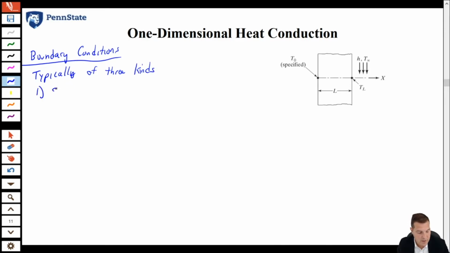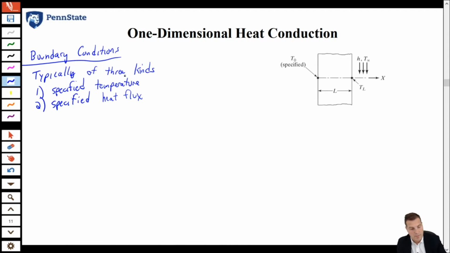One is a specified temperature. The second one would be a specified heat flux, or insulation. And the third one would be convection.